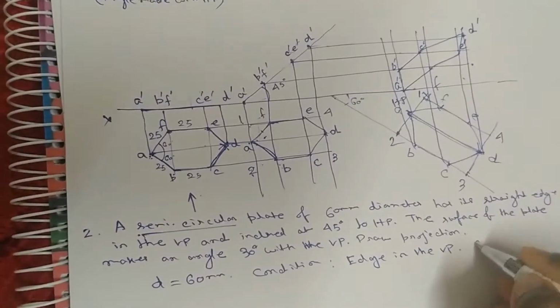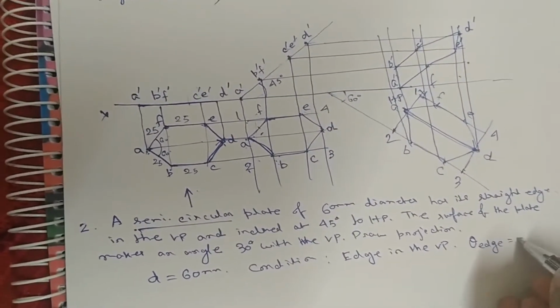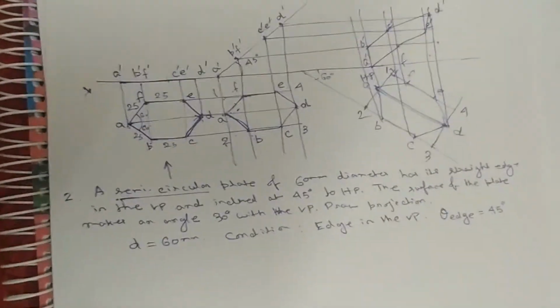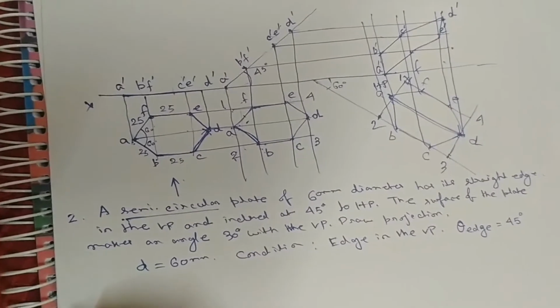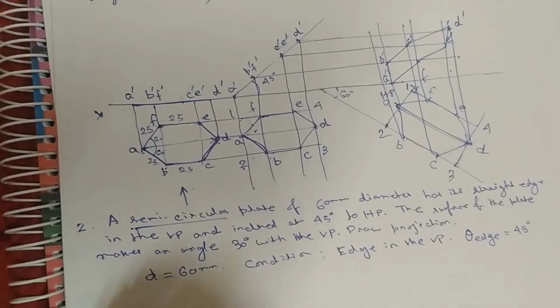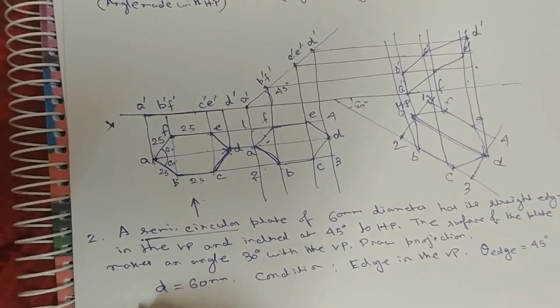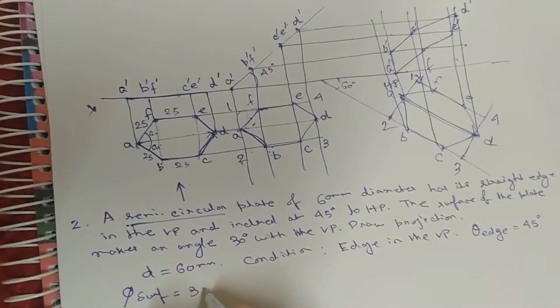So it means theta edge is 45 degrees. The surface of the plate makes an angle of 30 degrees to VP. So phi surface is 30 degrees.